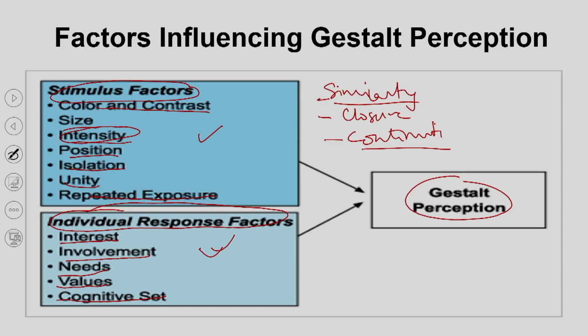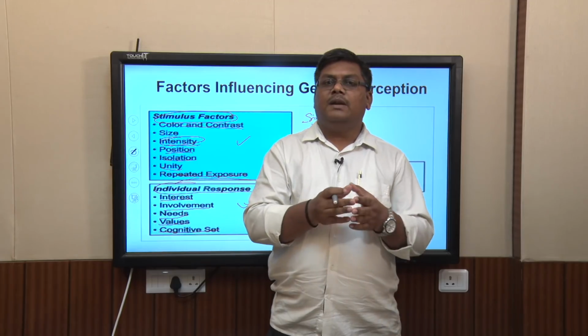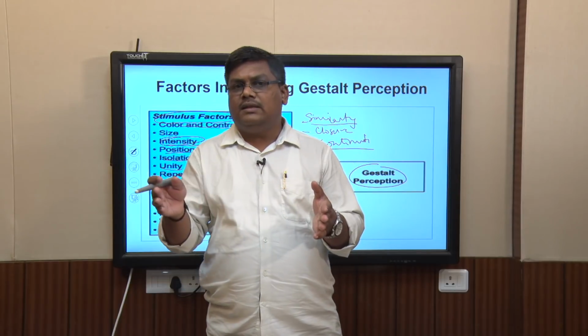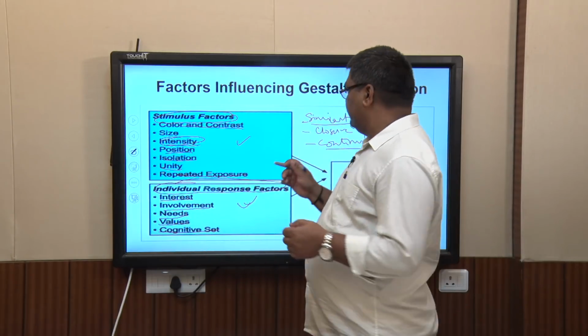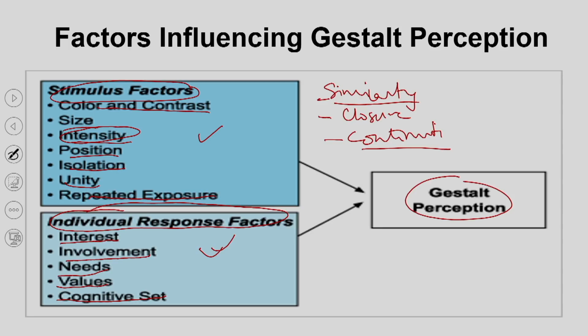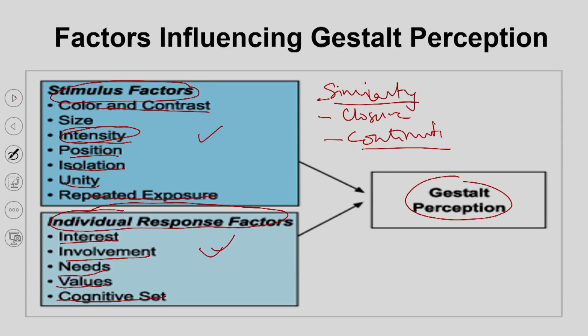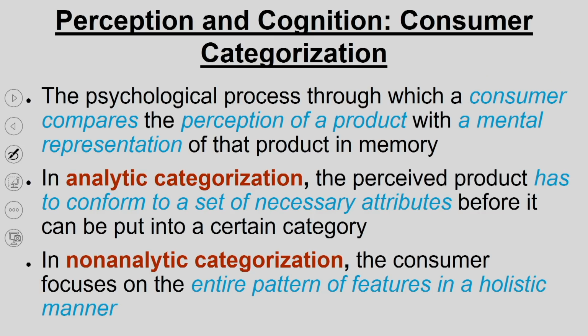In continuity, the consumer sees the product to be in a continuous form, how the product maintains continuity in terms of its positive feedback and buying that product again and again, and so on and so forth. So, these are Gestalt related factors which actually affect the perception of products.